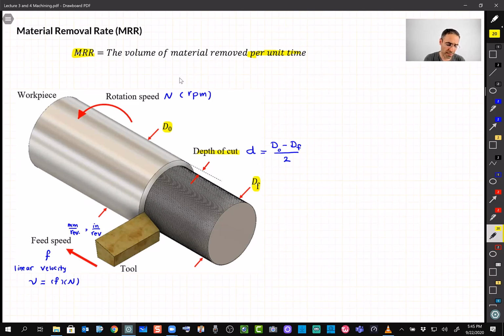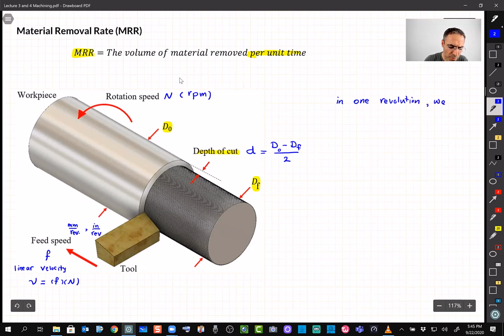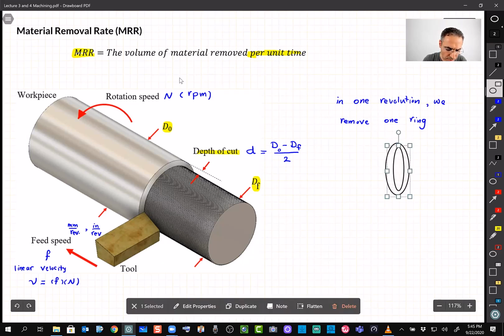So let's see if we can calculate it. Can I write that in one revolution we remove 1 ring, right? Imagine 1 complete revolution, we remove 1 ring, something similar to, let me draw something for you.